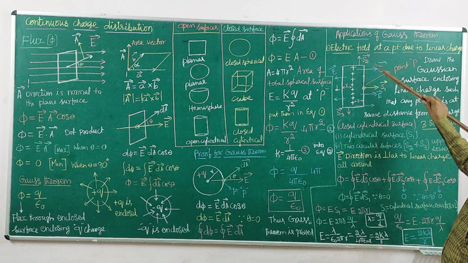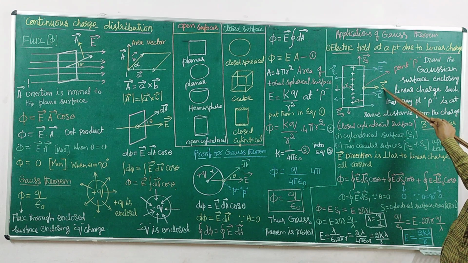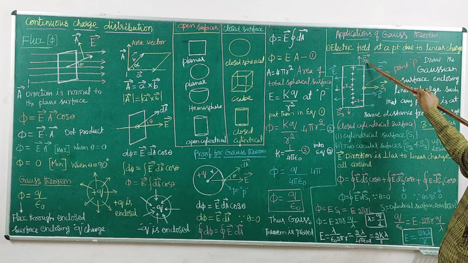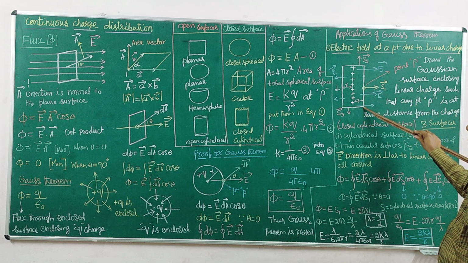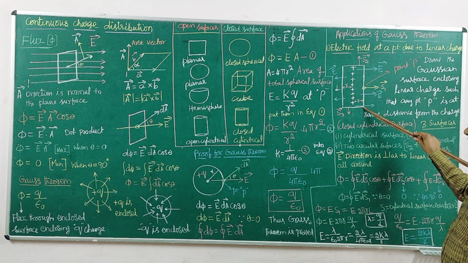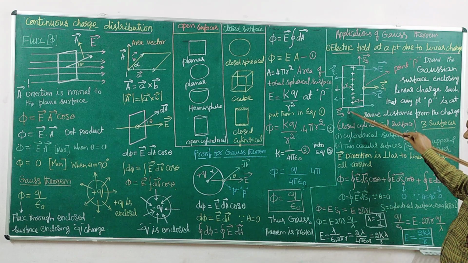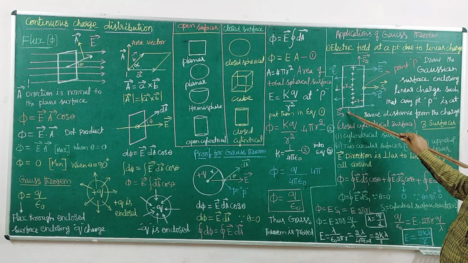Let us write them as S1, the cylindrical shape. S2 is the circular shape closing the upper end. S3 is again a circular shape of the same size, closing the lower end. There are three surfaces.